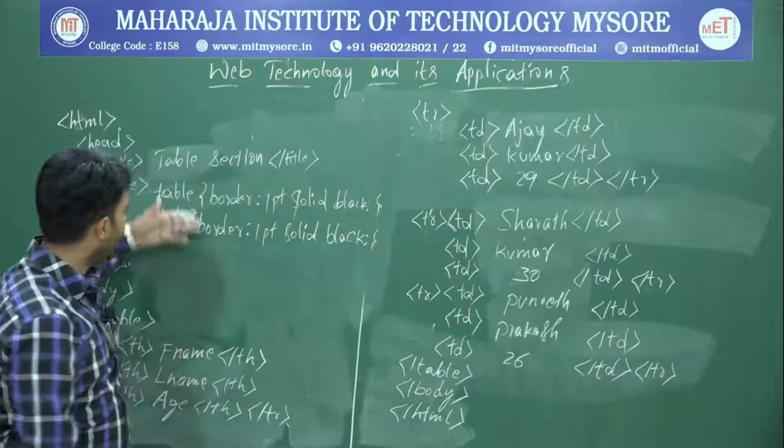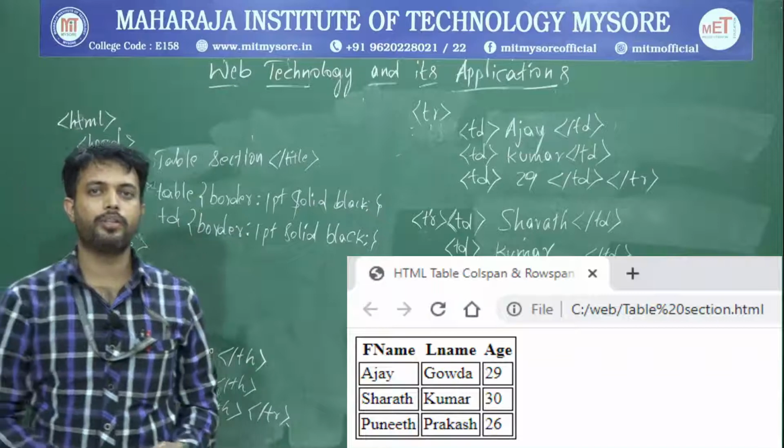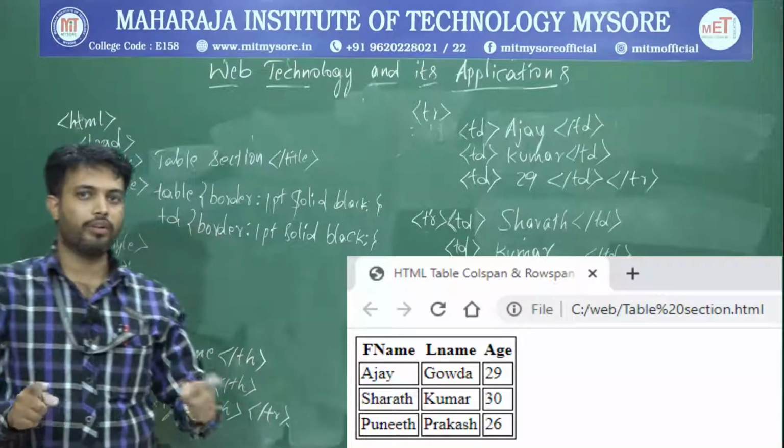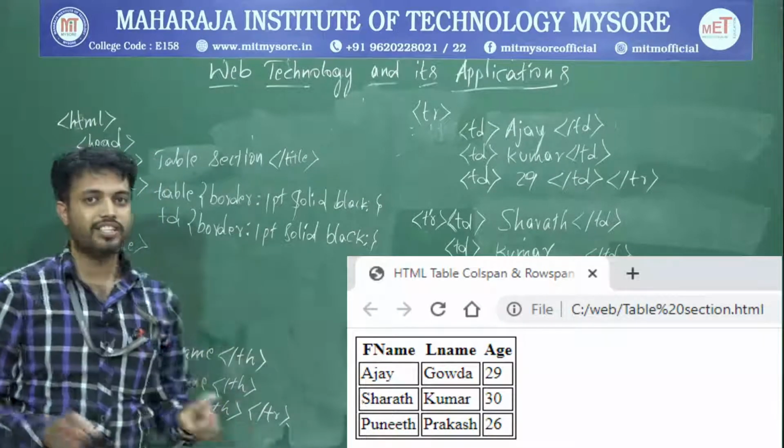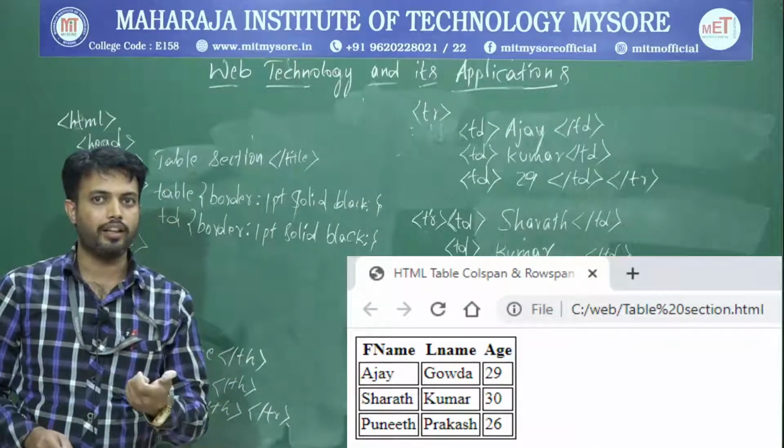Now if I run this program, you can notice that there is a separate border for the table, and again a separate border for each TD. TD is nothing but a cell.